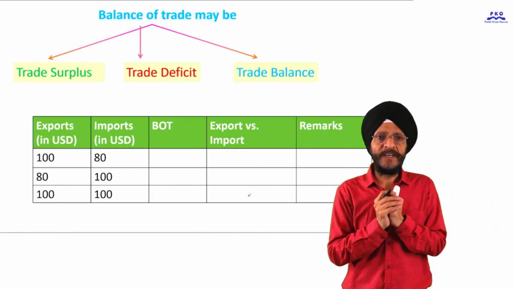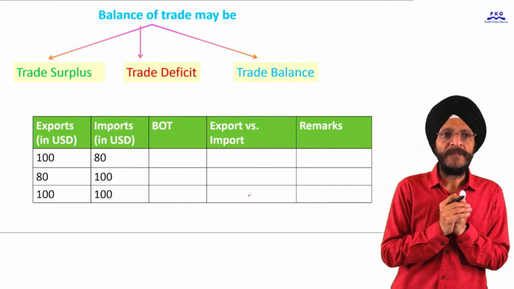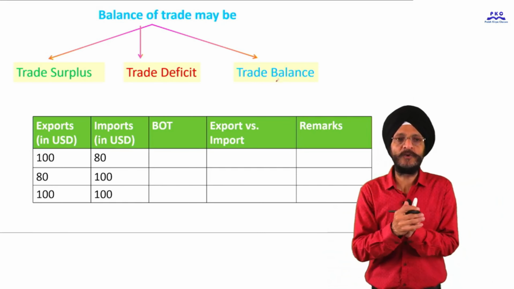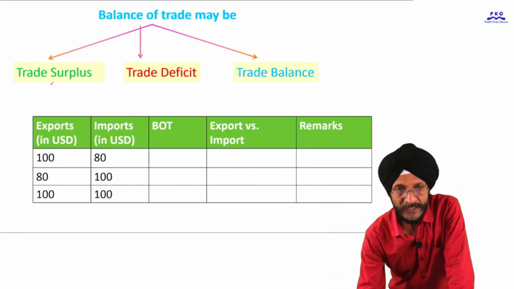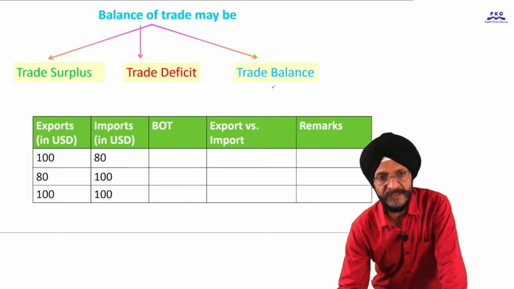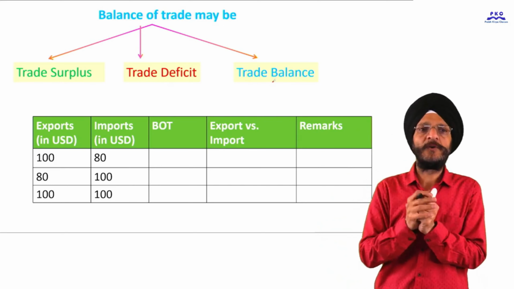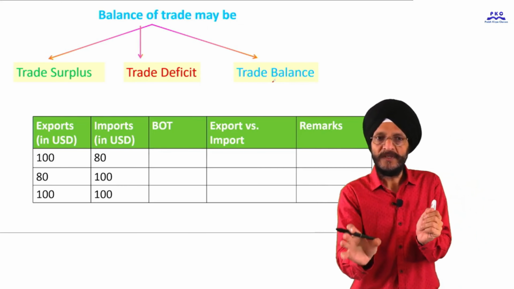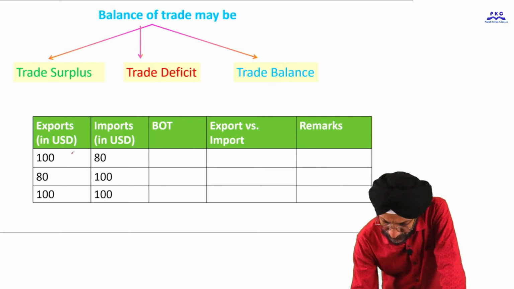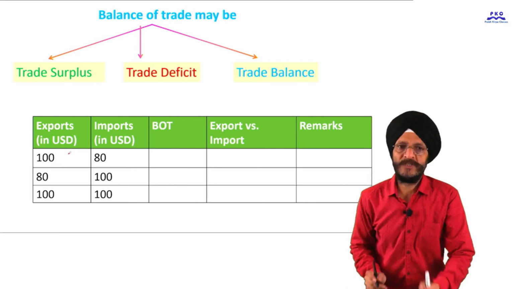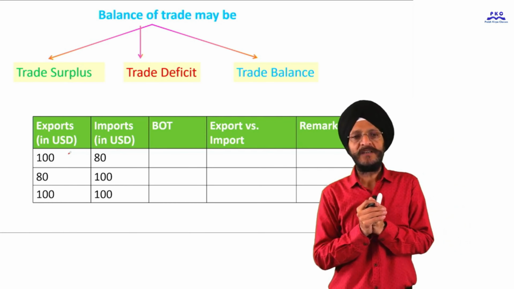Now, balance of trade may be trade surplus, trade deficit, or trade balance. We can also call it positive balance of trade. This is deficit balance of trade, and this is zero balance of trade. We will understand this concept with the help of an example. Suppose exports are 100 US dollars and imports are 80 US dollars.